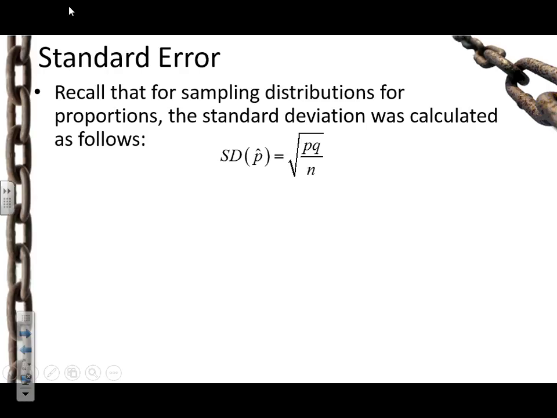When we had a sampling distribution, the standard deviation for our sample proportion was calculated by taking the population proportion, p, times its complement, q, and then divided by n, the sample size, all inside the square root. Okay? Now if we look at that formula there, can we use that exact formula to get standard deviation for a confidence interval?